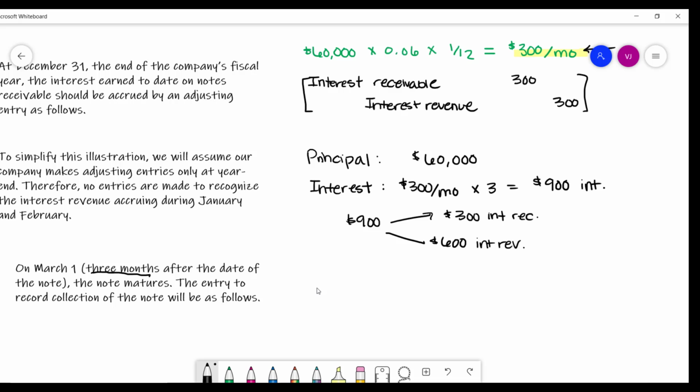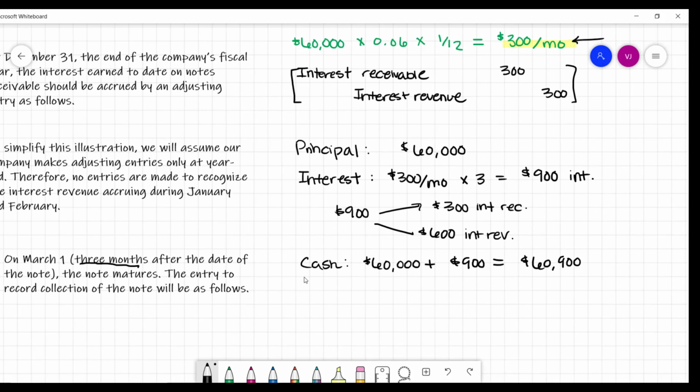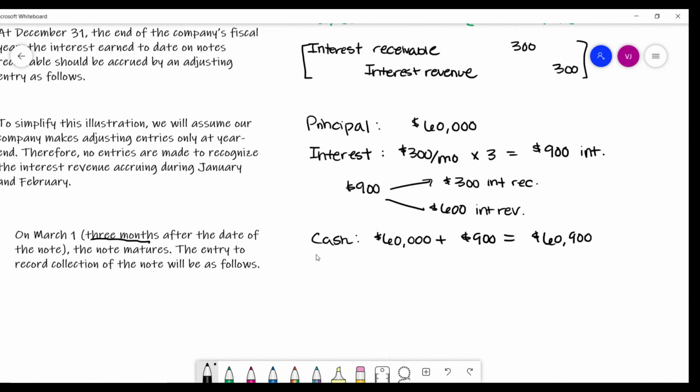So the first thing is, how much cash are we receiving from this customer by paying off this note? We're receiving the $60,000 plus $900 of interest. So we expect to be paid $60,900. So we are going to debit cash for the full amount of $60,900.